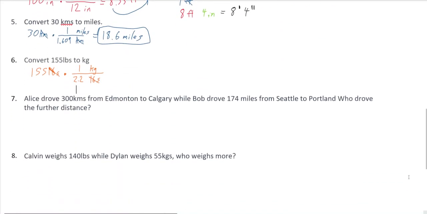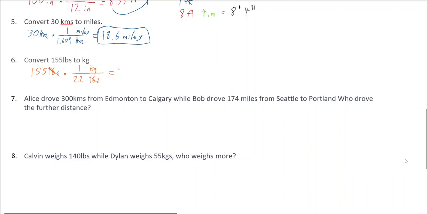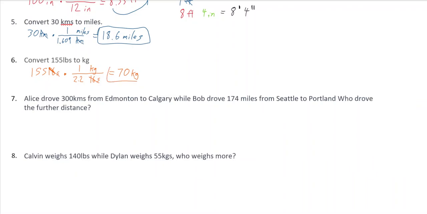Yes. So there it is. So what we're going to get is 155 divided by 2.2, and we get 70 kilograms. All right, so that's the answer there.